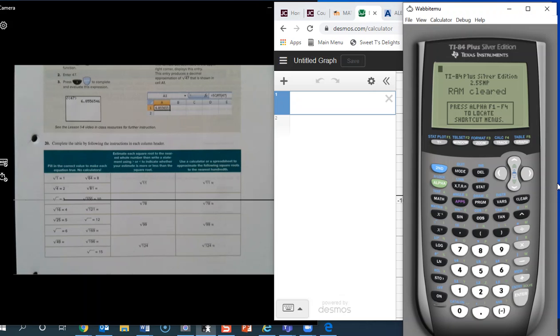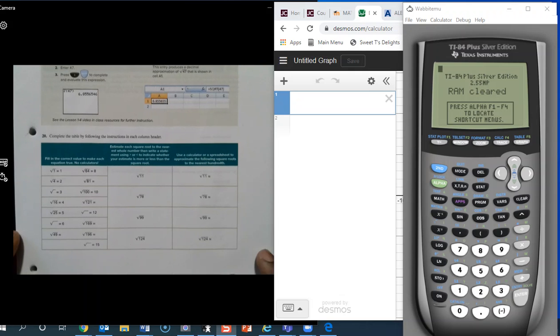Oh, that's interesting. This screen froze. So let me pause real quick. Okay, we're back. The screen is not frozen anymore. So like I said, what I would do, I will navigate between the two calculators.